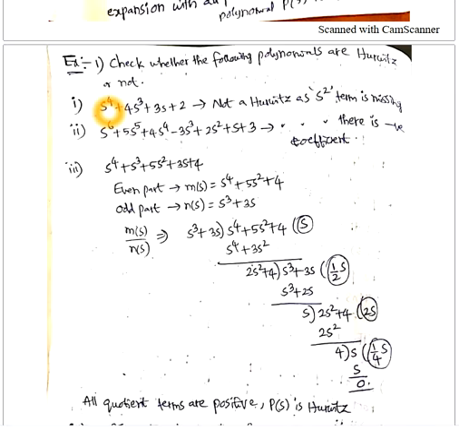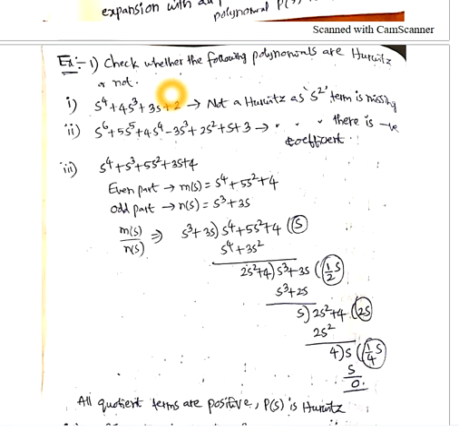Here the highest degree is 4, the lowest degree is 0, that is s power 0. First of all, the coefficients are positive, so you can keep a tick mark for that. All the coefficients are positive.